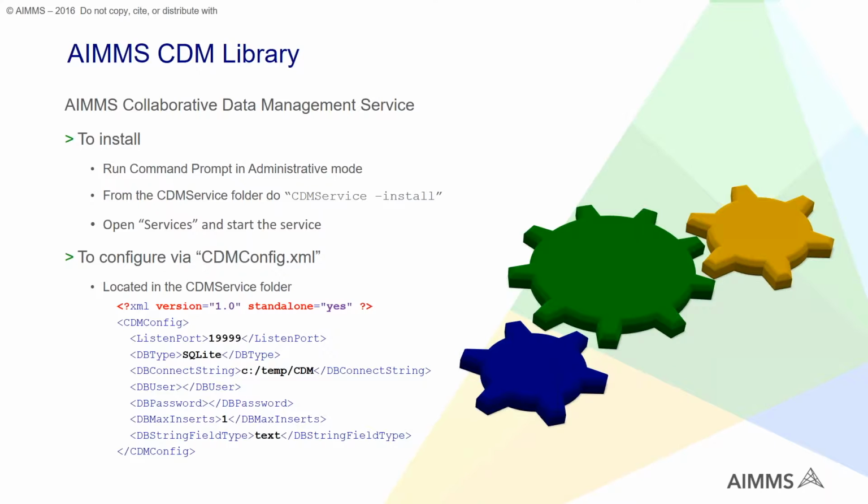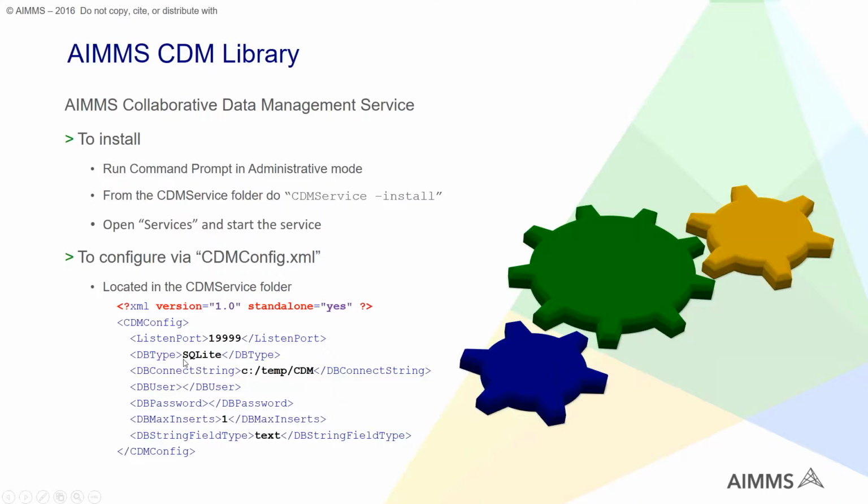The configuration file CDM config that I mentioned before also has some important parameters that have to be set as well. So here you can see an example of the content that is in the file. So we have the port that the CDM service will listen to.